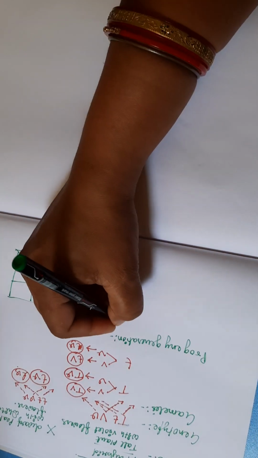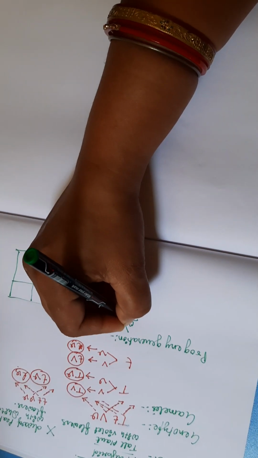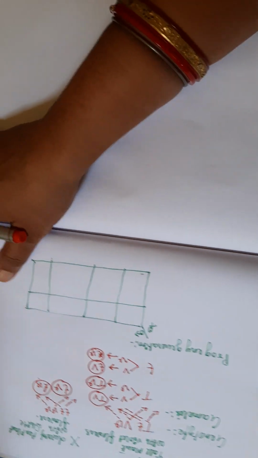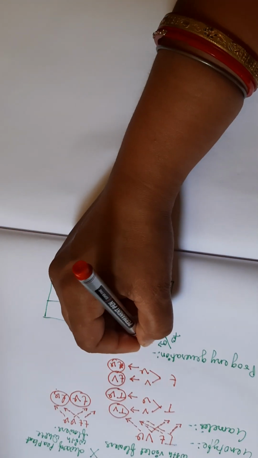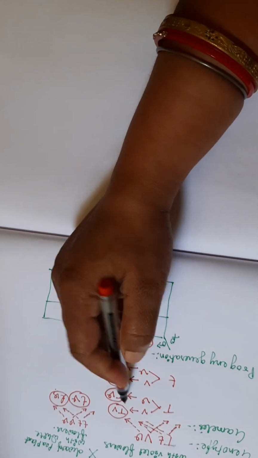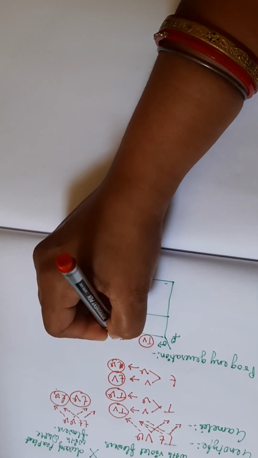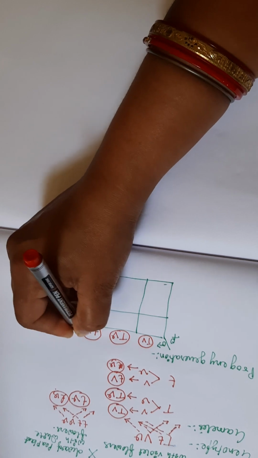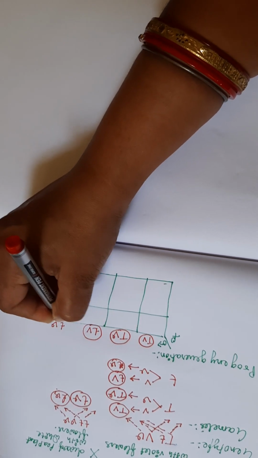Why am I doing this? Just follow me, you will get the logic. Here I am supposed to write the genotype of the pollen grains: capital T capital V, followed by capital T small v, then small t capital V and small t small v.